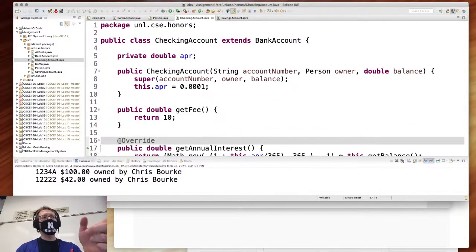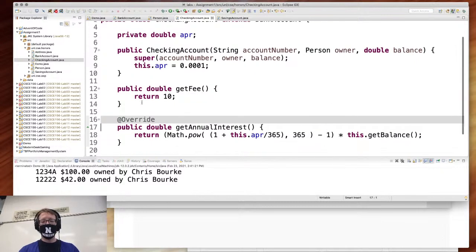Good? Question? So do you only override something like that if the functions have the same name in each class? Same signature. Now there is a little bit of difference with covariant return types that we're not going to get into. So generally the same signature: return type, name, and parameter list.